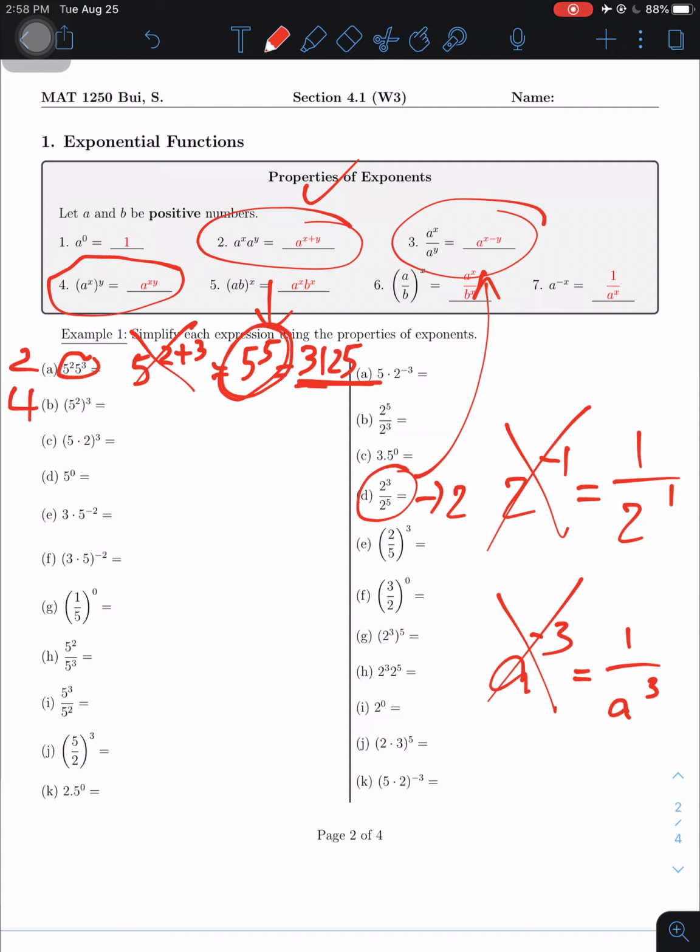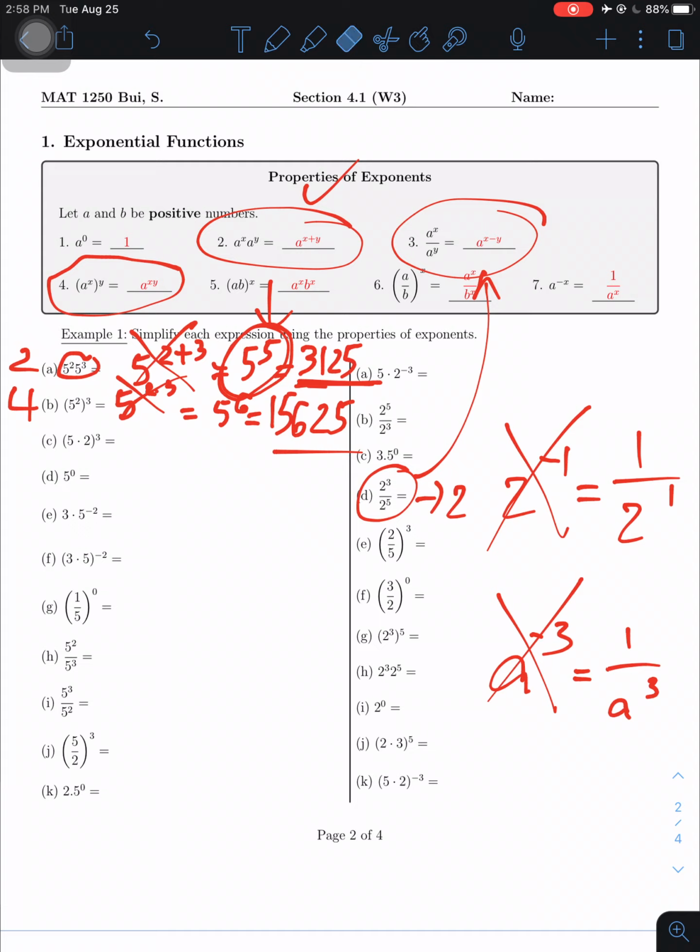And my work for part B would be 5 to the 2 times 3, which is 5 to the 6th power. And this is 15,625 if you input it into the calculator, okay? So again, if you don't want to show this step, you can just show me that it equals 5 to the 6th power. That's enough work for me, and you can show me the final answer, okay?